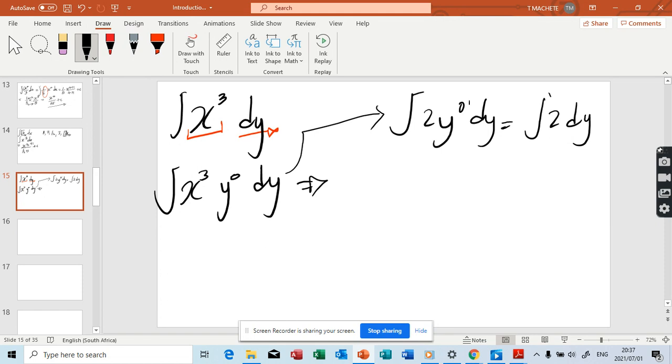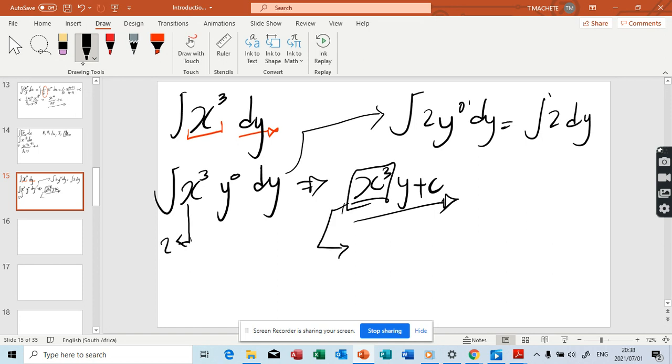I told you that you ignore that. x cubed is like 2. Maybe to make it simple, it's like a number. It's a constant. So what's your answer? Yes, that's correct: x cubed y plus c. This is a constant, guys.